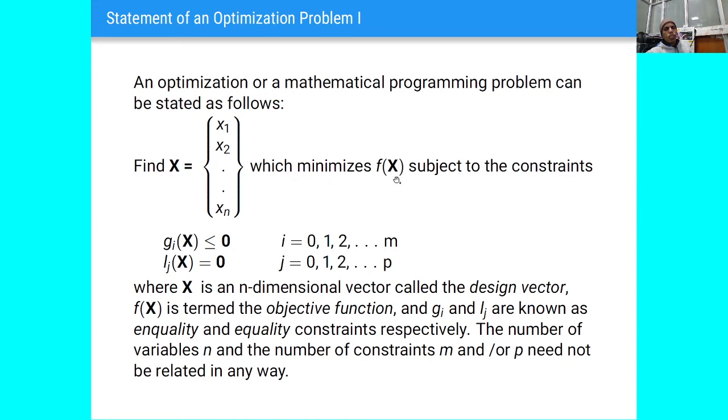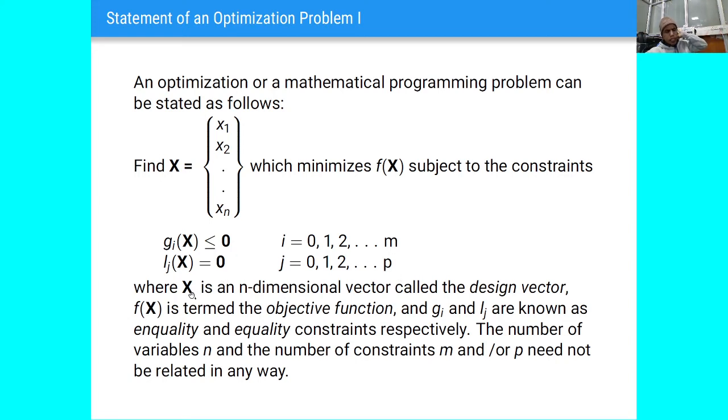We are supposed to minimize this function f(x) subjected to certain constraints: gi(x) is less than or equal to 0, and lj(x) is equal to 0, where i is varying from 1, 2, 3, 4 up to m. Sorry, the 0 was a typo error; this will be 1, 2, 3, 4. Similarly, in the case of j, 1, 2, 3, 4 up to a certain value p.